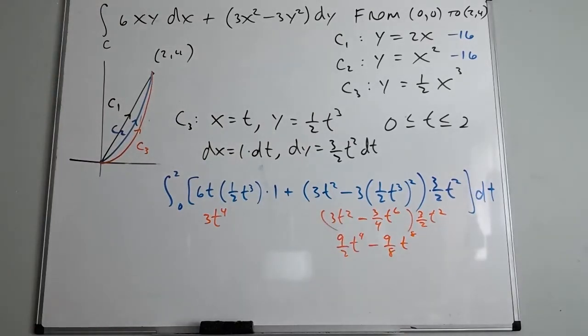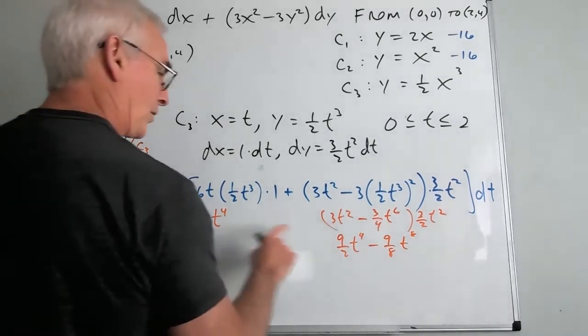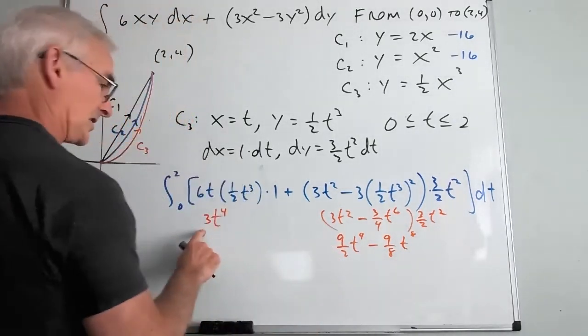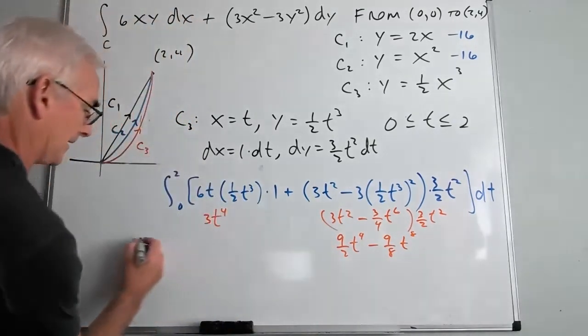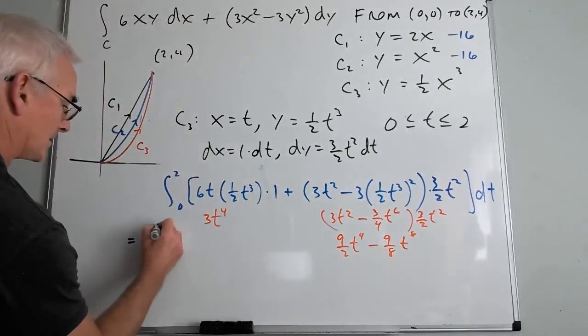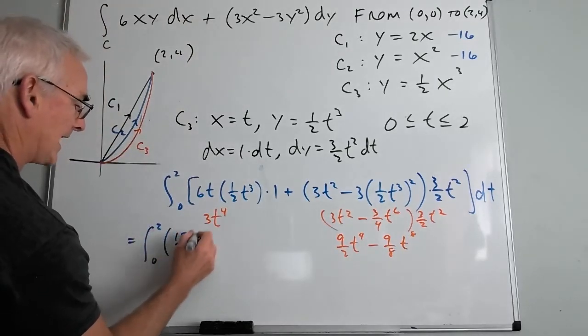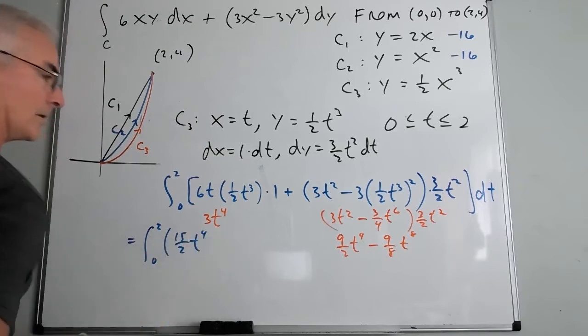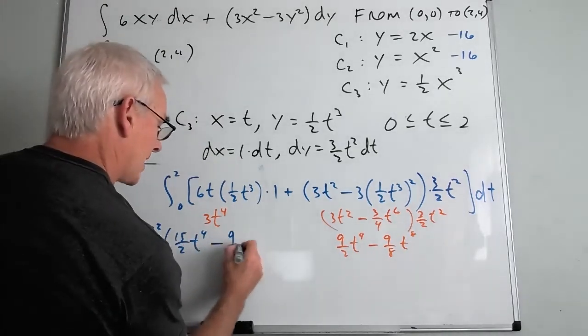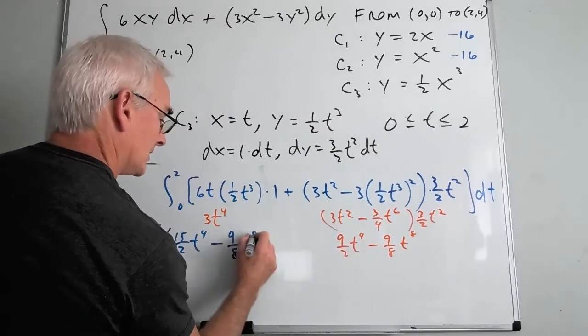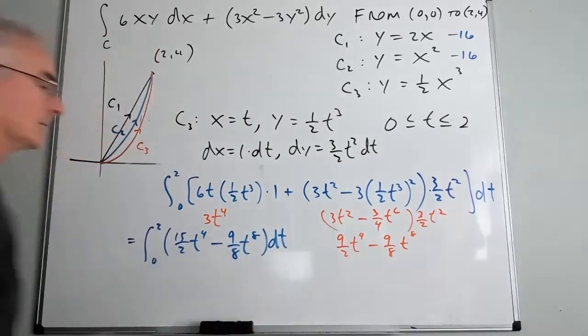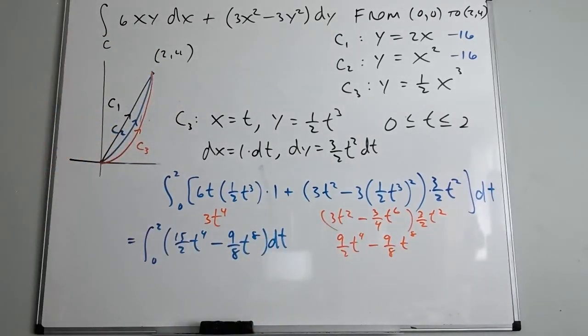Whew, it's messy. All right. So now I've got a 3t to the 4th plus 9/2, so that'd be 6/2 plus 9/2 is 15/2. So I've got 15/2 t to the 4th minus 9/8 t to the 8th. Beautiful.